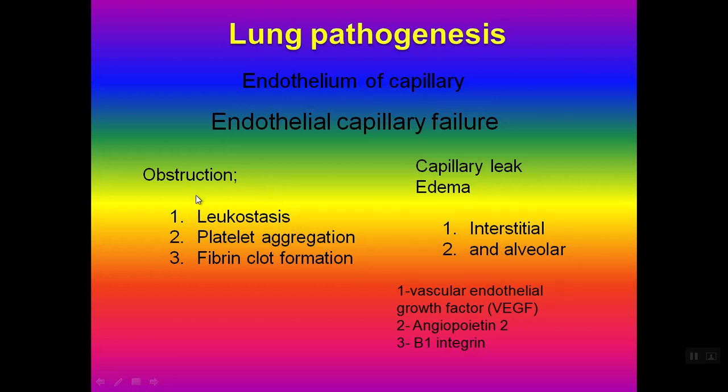But we can use pentoxifylline, which can prevent priming of the neutrophils and interfere with this leukostasis. Platelet aggregation, for sure, we can use clopidogrel. Fibrin clot formation, which is a disaster in this case, due to expression of tissue factor, can be prevented by antithrombin or by a new oral anticoagulant drug like rivaroxaban.